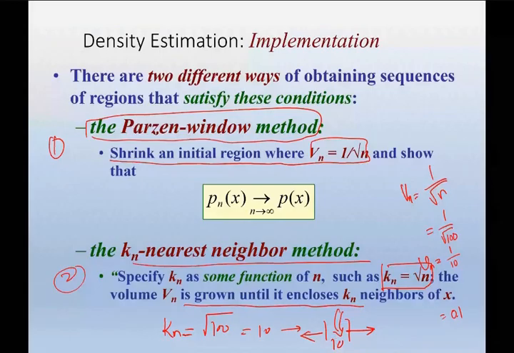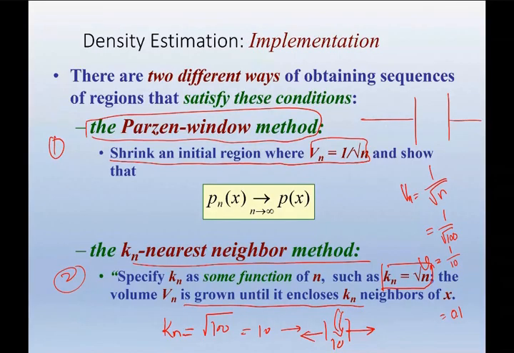In this Parzen window, we fix the window size, or the volume, equal to 1 by root n, and see how many samples fall into this.